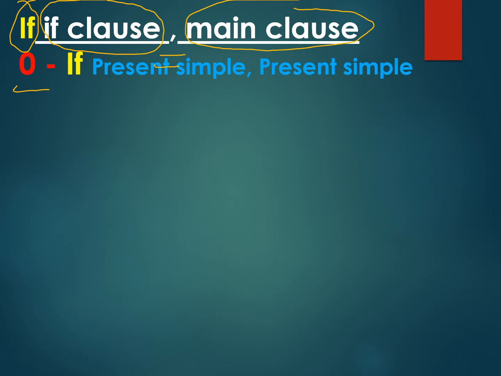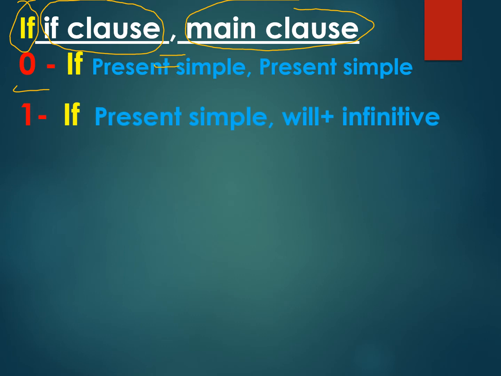The if clause, as you can see, is in the present simple tense, and the main clause is also in the present simple tense. Then the second rule, which is the first conditional, in which if is followed by the if clause present simple, and then the main clause future simple, will plus infinitive, okay?